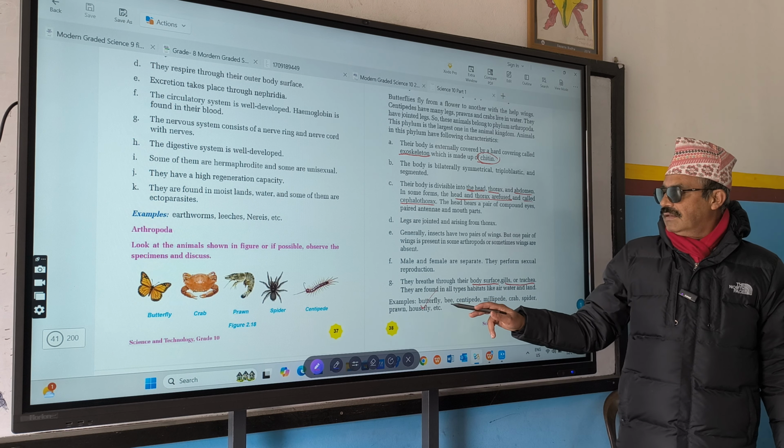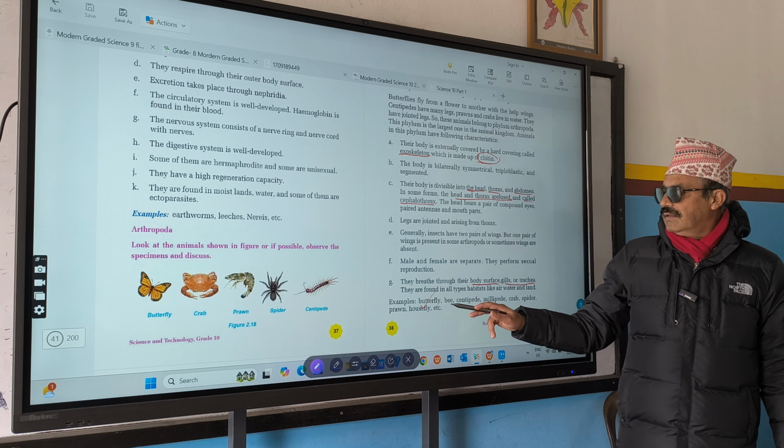Now the last one is mammalia. Which are the examples? Whale, bat, rat, lion, human beings, cat, dog, many are there, right? Mammal means what is the main characteristic? Viviparous, giving birth to young ones, and there is presence of mammary glands.